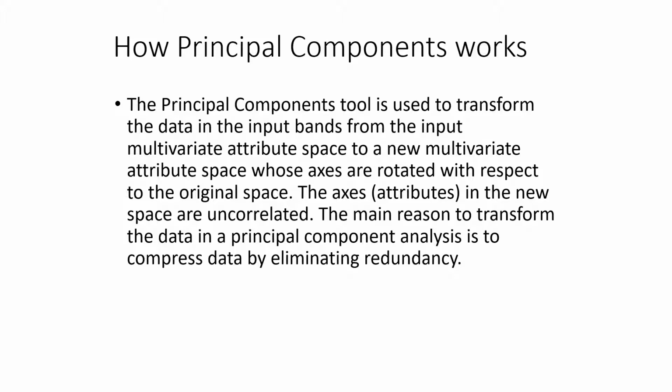Take all the bands, do regression, come up with a linear combination that explains the majority of your data, and that's component 1. Next, you then create a new combination of components that explains the majority of the remaining data that is orthogonal to the first component, and so explains it in the other direction as much as possible, and so that becomes component number 2, and so on and so forth.